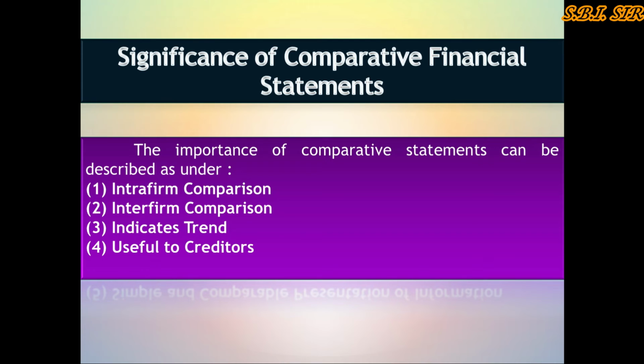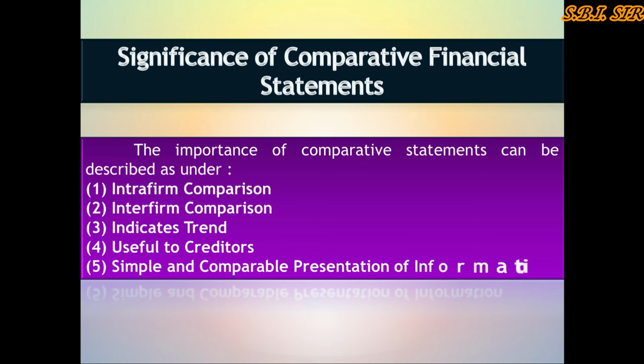Fourth, useful to creditors. Creditors of business units are of long term and short term. Creditors determine credit worthiness of business units through analysis of financial statements, so it is also useful to the creditors. Fifth and last, simple and comparable presentation of information.